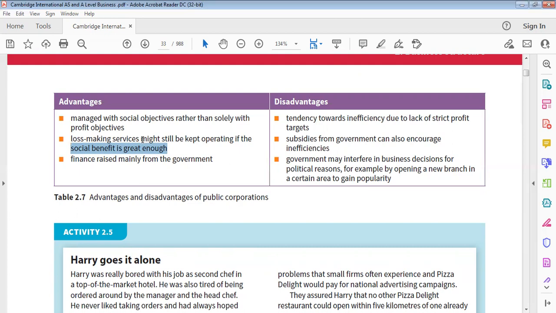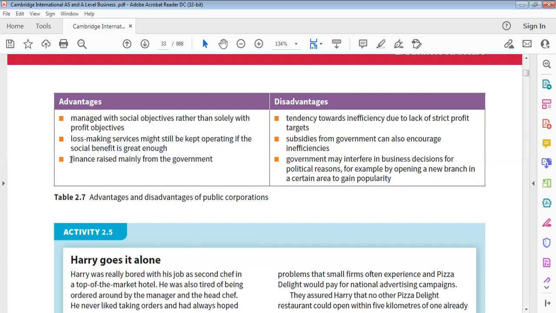So even though they are making a loss, because if they are not getting any money from the poor people, obviously they are making a loss from the hospital, still they continue to operate. Why? Because of social benefit. They don't want poor people to die. They care for their life. So that is a good thing.